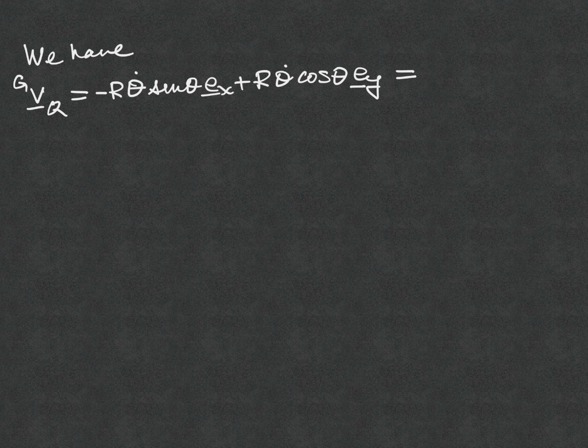But when we use the basis that's fixed to the disk, we get R theta dot U theta. Now look at these two expressions. You can see that the first expression is more complicated than the second expression. In addition, the algebra that was required to get the first expression is more complicated because we had to actually take a derivative, we had to use the chain rule, we had to do all these things, and we had to work with sines and cosines. In the second expression, we didn't have to do any of that.